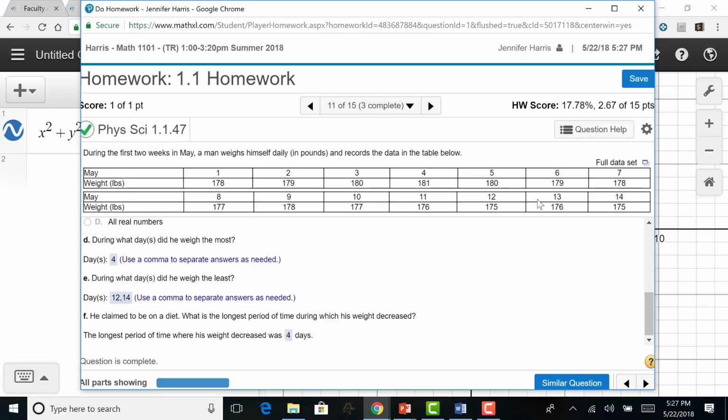Let me see yours for a second. Hold on, let me see if I put in Pearson. I want to see if it comes up with a different screen.